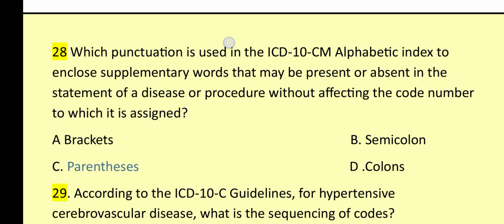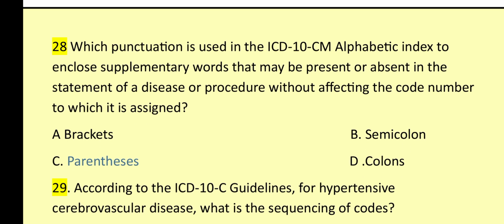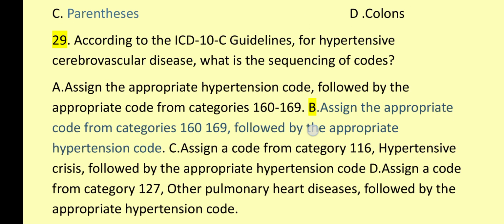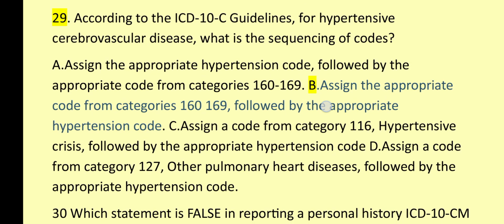28. Which punctuation is used in the ICD-10 alphabetic index to enclose supplementary words that may be present or absent in the statement of a disease or procedure without affecting the code number to which it is assigned? A. Brackets B. Semicolon C. Parentheses D. Colons. 29. According to the ICD-10 guidelines, for hypertensive cerebrovascular disease, what is the sequencing of codes?